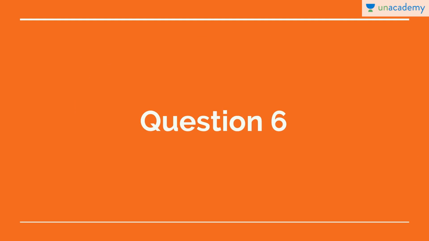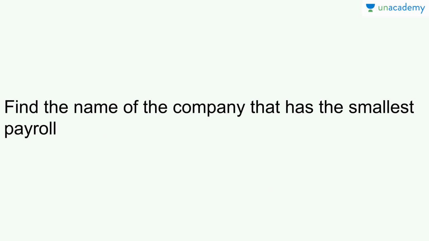Moving towards the sixth question, find the name of the company that has the smallest payroll. First of all, what is payroll? Payroll is the total amount a company is paying to all of its employees. That is, if a company has 3 employees and each of their salaries is 100, 200 and 300, so total payroll will be 600, 100 plus 200 plus 300.